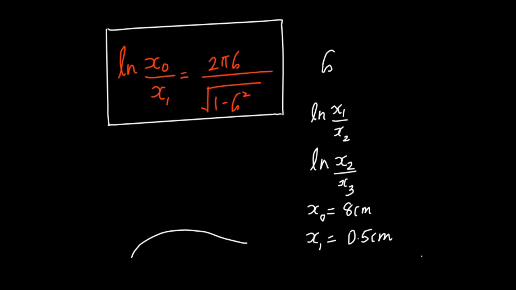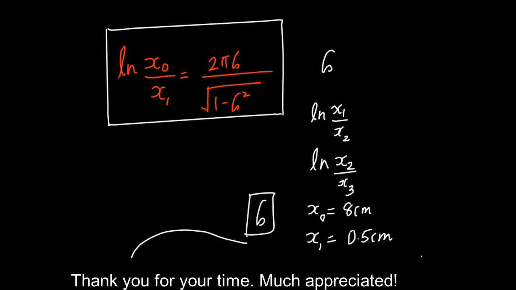If you want to design such a system, then you can find out what x naught by x1 is and take the natural logarithm. If you know that, you can easily find the damping factor for your particular system. So that is one of the reasons why we are interested in logarithmic decrement.